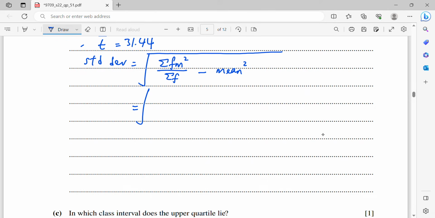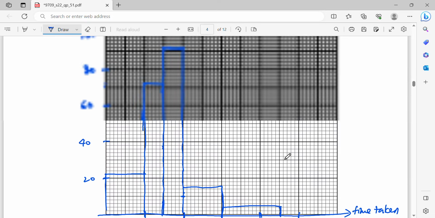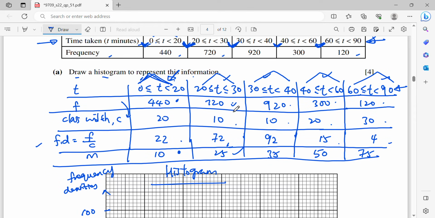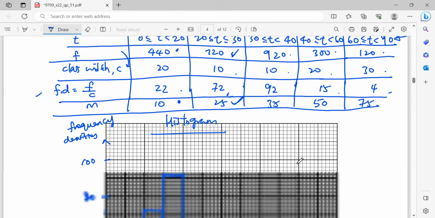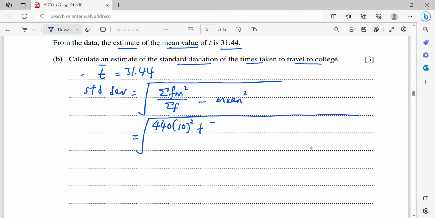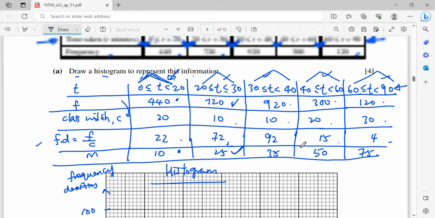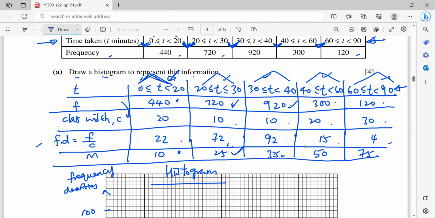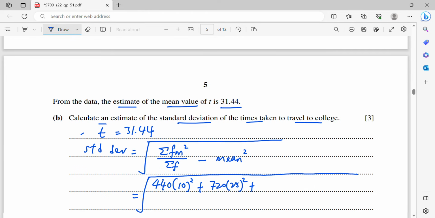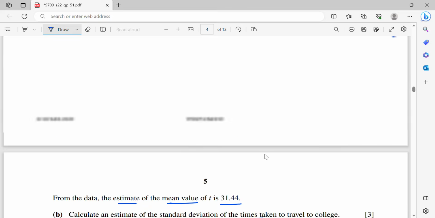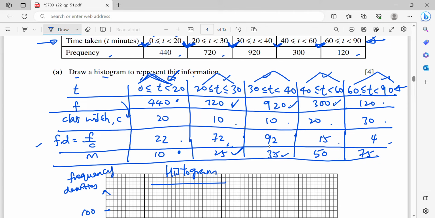It will be square root of 440 times 10 squared plus, next is 720 times 25 squared. Then plus 920 times 35 squared. Then plus 300 times 50 squared. Then 120 times 75 squared.